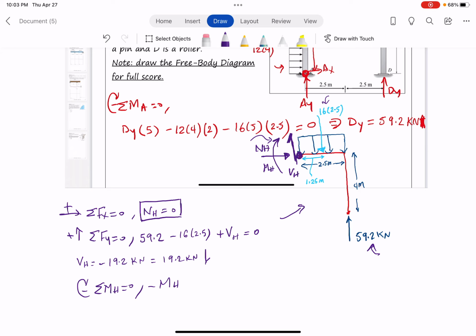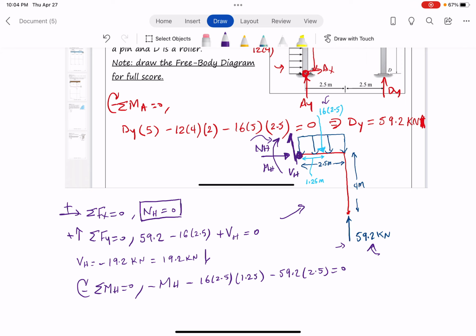Then we have 16 times 2.5, which is negative, times the distance 1.25. And this force, 59.2, will do a positive, counterclockwise moment, times the distance 2.5.